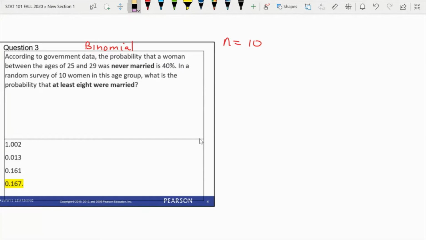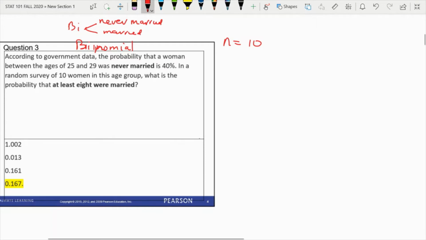Okay, so how do you know it's binomial? We know it's binomial because the "bi" means things that have 2 outcomes. Here they're talking about never married and then married.